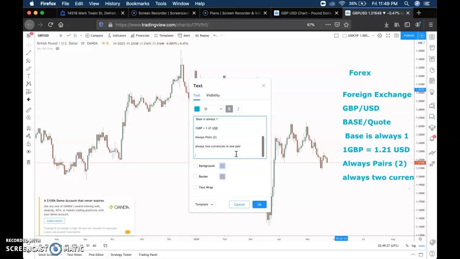Okay, and now you have major currency pairs. Major pairs, there are 7 of them.